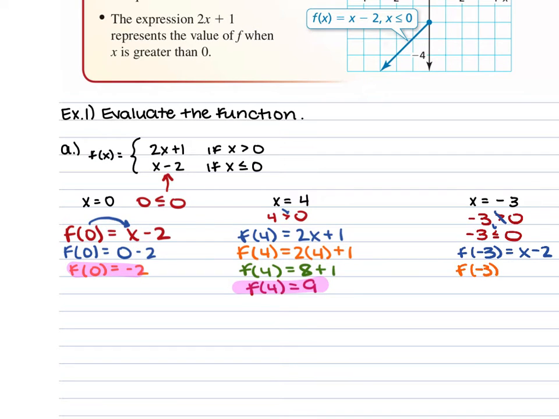So f of negative 3 is equal to negative 3 minus 2. Sorry, I said plus 2, but it should be minus 2. So negative 3 minus 2, and then f of negative 3 is equal to negative 5.